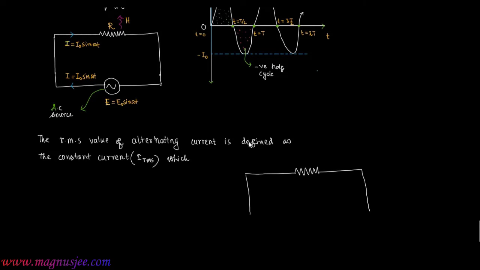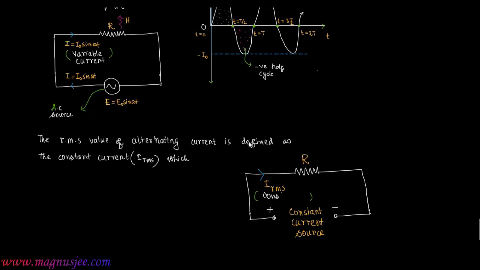We can consider a circuit diagram in which a resistance capital R is connected to a constant current supply, and this supply produces a constant current I RMS. If this constant current I RMS flows through the external resistance R, a heat energy H prime will be produced.